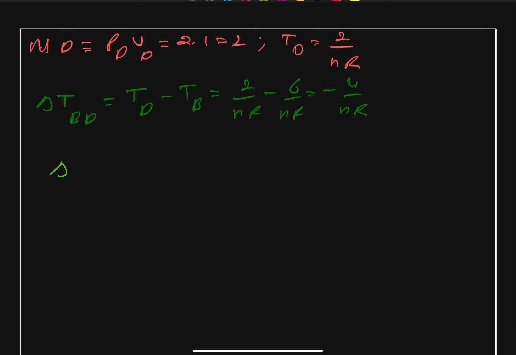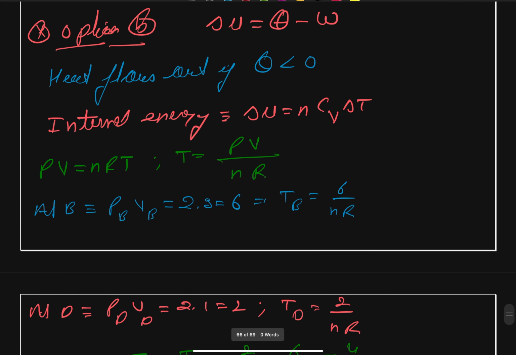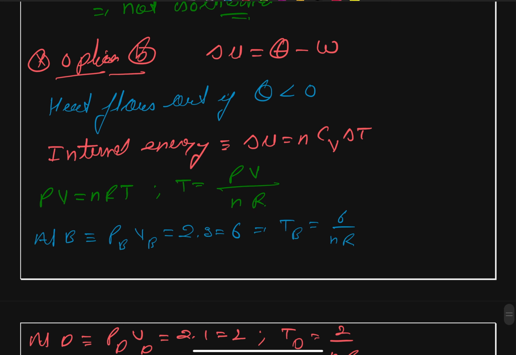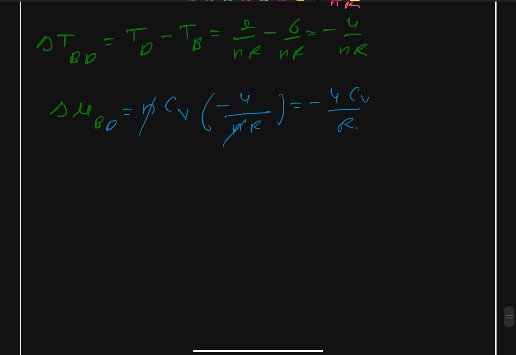Therefore delta U for BD will be equal to n C_V times minus 4 upon nR, and n cancels out, so we get minus 4 C_V upon R. So delta U is negative, which is less than 0.